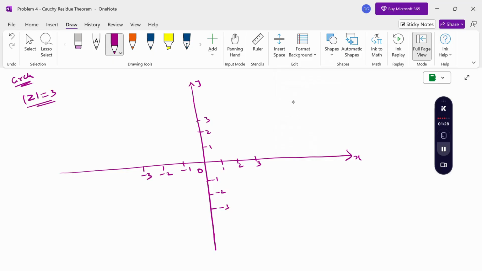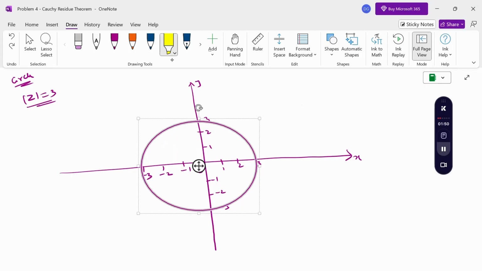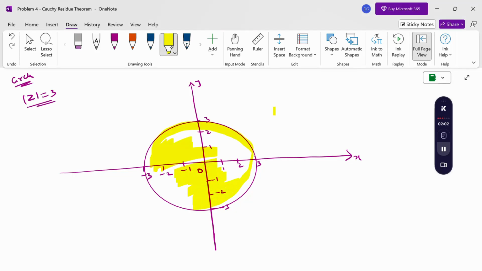Then this is our circle, circle 3, and this is our region, modulus of Z equal to 3.